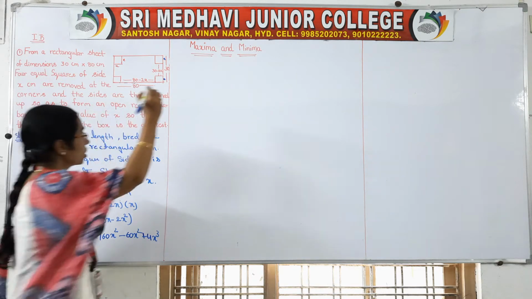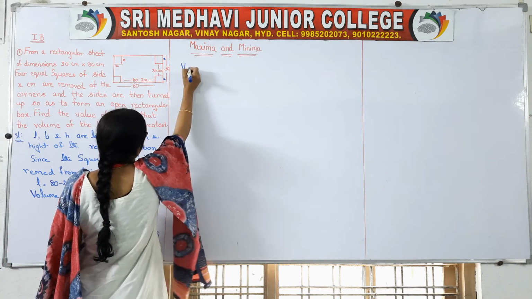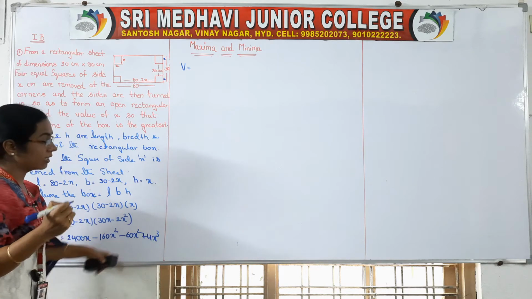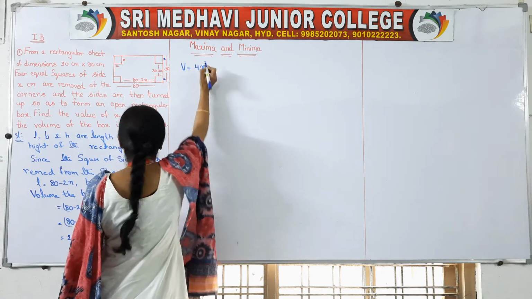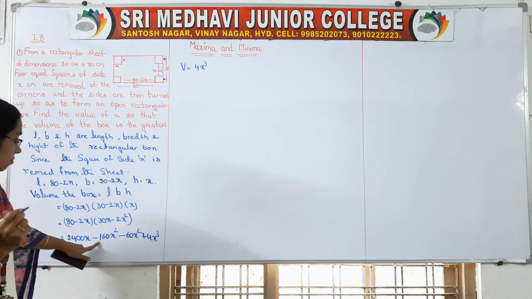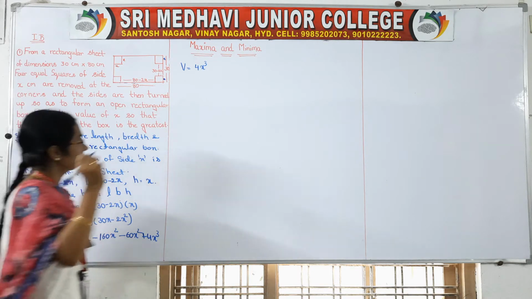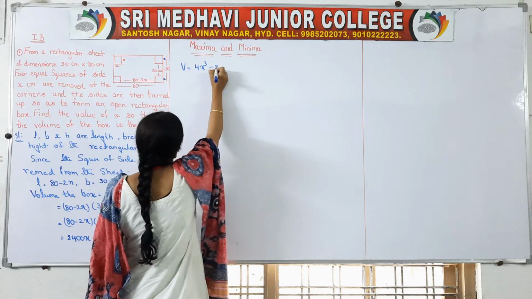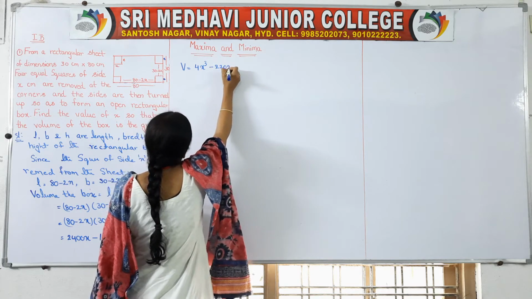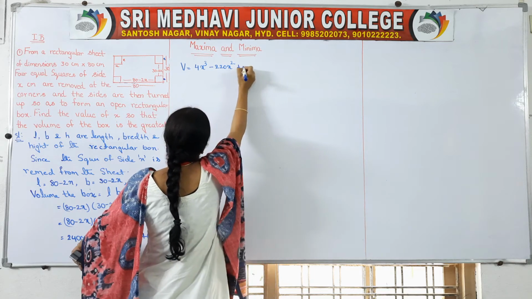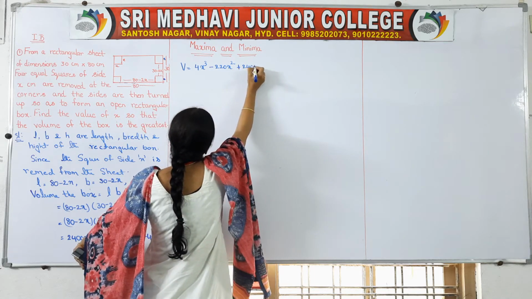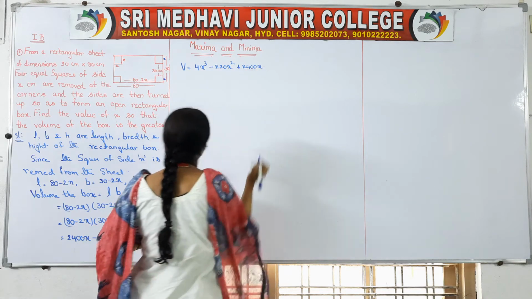Okay, so your volume V is equal to, writing in the order, 4x cube, next x square terms, minus 160 minus 60, that is minus 220 x square, next plus 2400x.